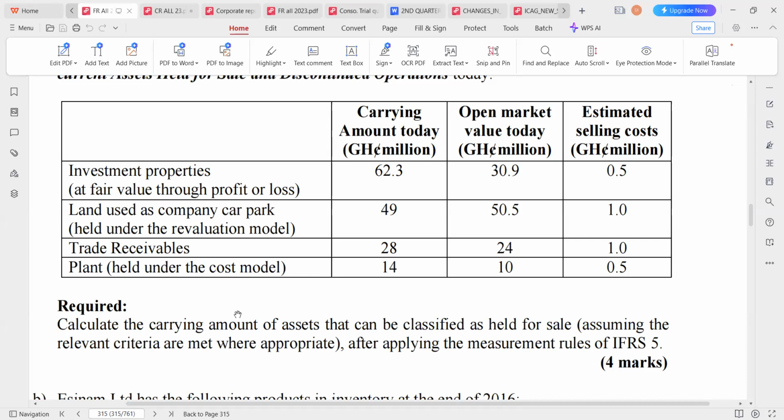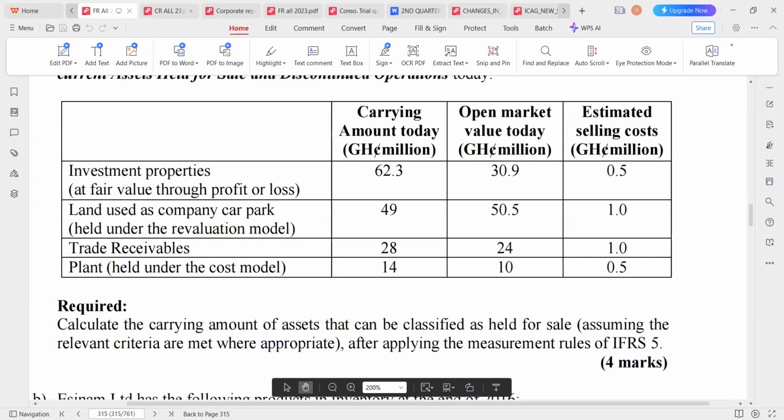Then land used as company car park. Can you classify it? No, please. Why? You can't classify it because it is something that was for the staff. You said something relating to staff.